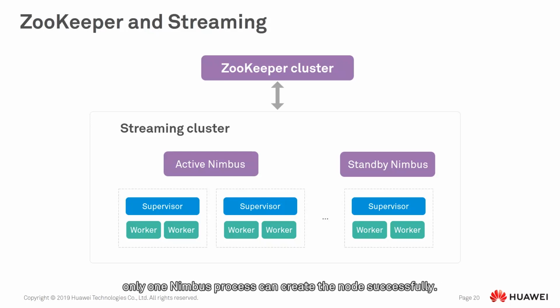However, only one Nimbus process can create the node successfully. The Nimbus process that succeeds becomes the active one, and the standby Nimbus processes listen to the ZooKeeper node. After the active Nimbus process fails, the node is removed. Then, standby Nimbus processes receive the message.